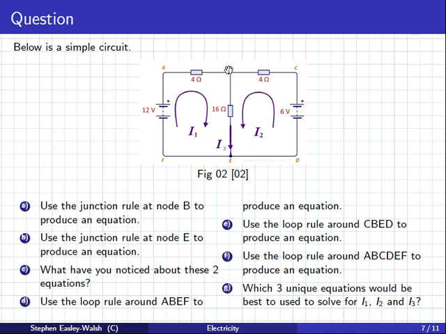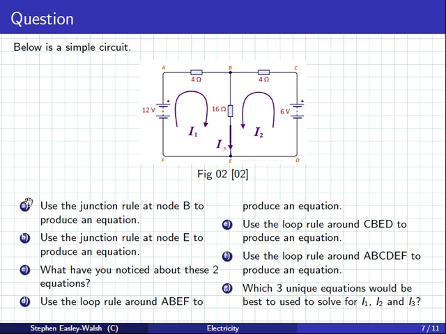So are we all looking? The junction rule at B, what equation could I make if I use the junction rule at B? And you have I1, I2, I3, yeah? Plus I2, minus I3, equal 0. Good. So can you all write that down as for part A?